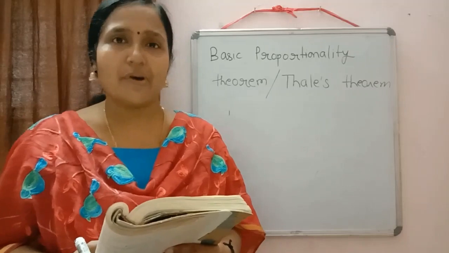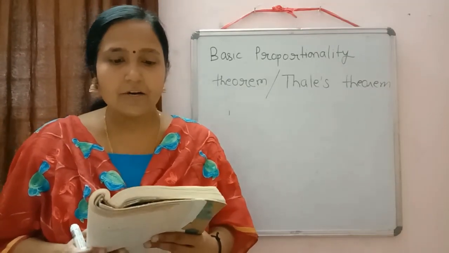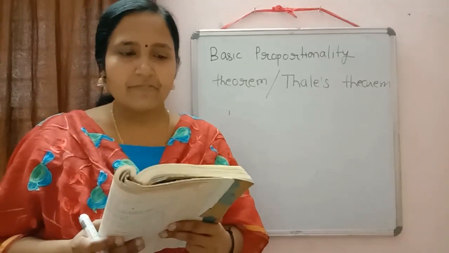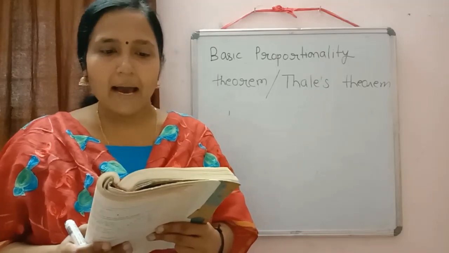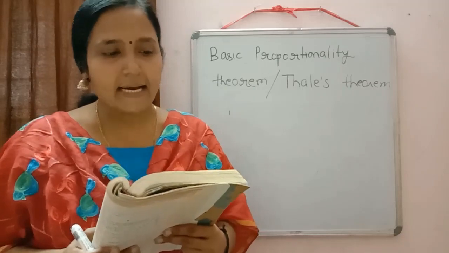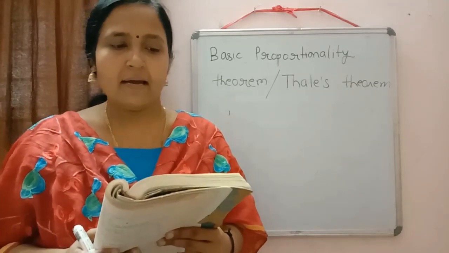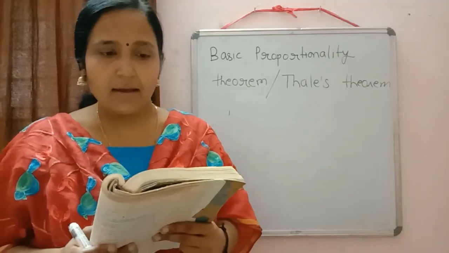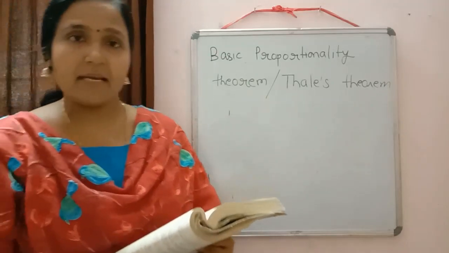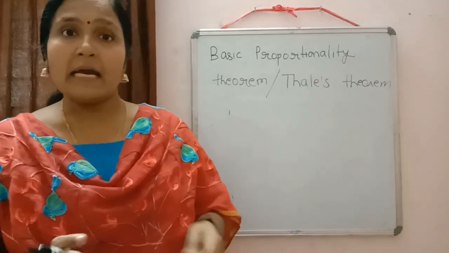If a line is drawn parallel to one side of a triangle to intersect the other two sides, again I am repeating. The statement, when we are writing the theorem, should be same as given in your textbook there.